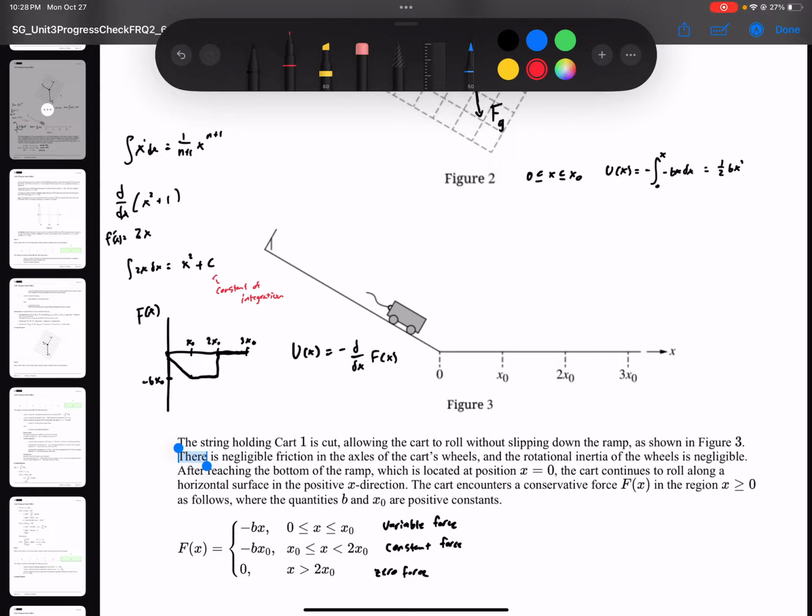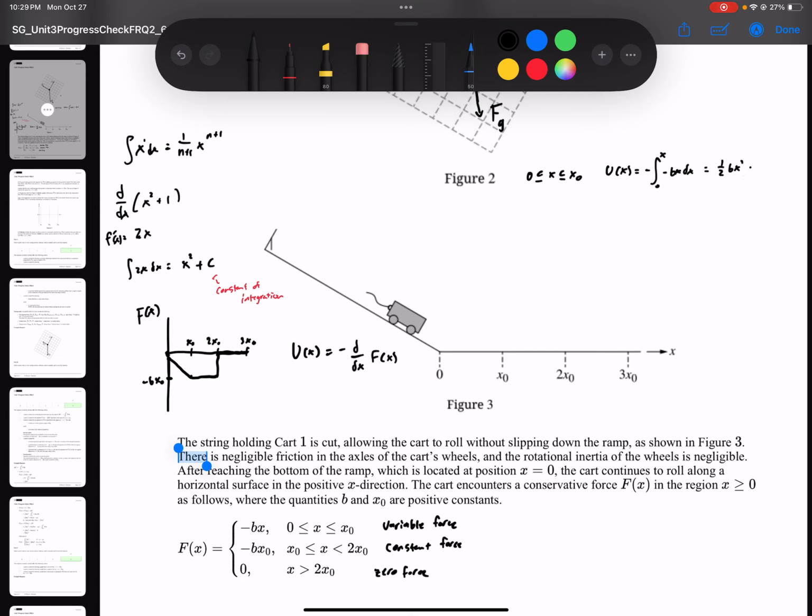The initial condition in this problem is that mu sub x is 0 at x equals 0. The potential energy function is 0 at x equals 0. I'm hoping that's making sense. If you're still confused about this topic, we can go over some more examples in class. But for the sake of time, I want to get into the problem, and I want to do it using the constant of integration.